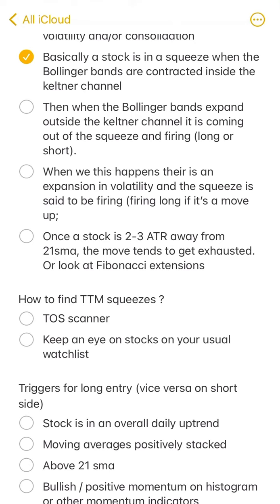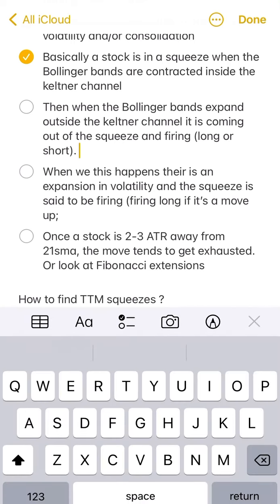I actually don't have the TTM Squeeze on mobile just because it's not as good, at least on Thinkorswim. It's okay on TradingView and TradeStation, but on Thinkorswim, the TTM Squeeze doesn't have all the bells and whistles, and it doesn't have the right appearance to me. But I can get everything I need done plotting the Bollinger Bands and the Keltner channel, okay? And I'll show you guys that here in a minute.